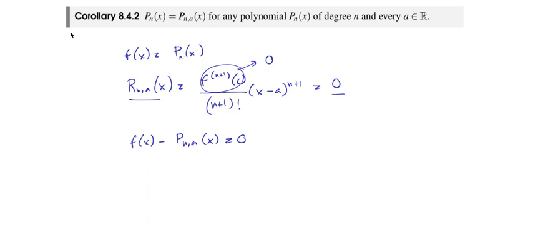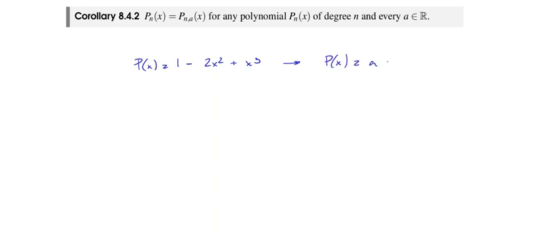Okay? Now what's interesting about this is that we can now write every polynomial that we want in terms of powers of other things; instead of powers of x, we can write it in powers of x minus a. Okay, so let me see with an example. We have this polynomial, which is 1 minus 2x squared plus x cubed, and we want to write it in terms of x minus 1.